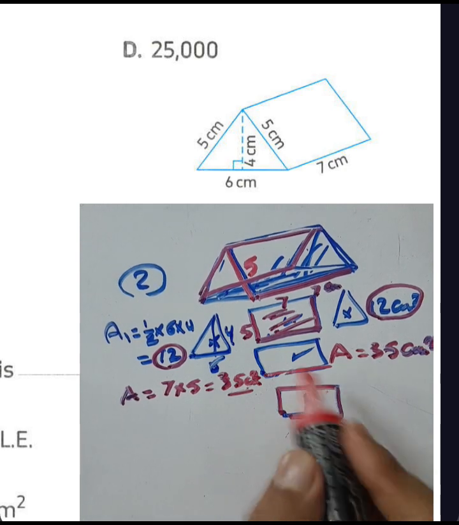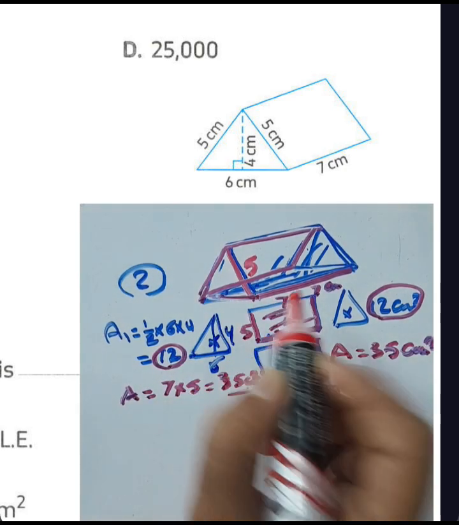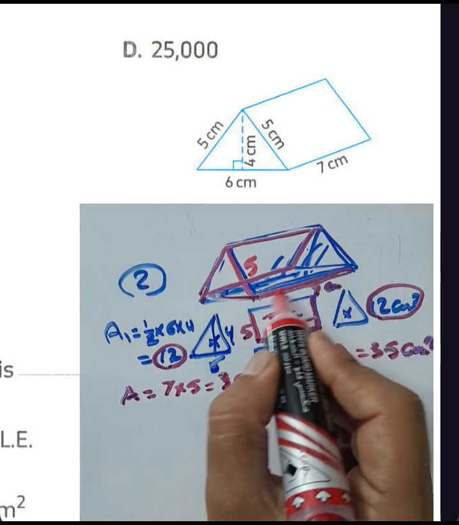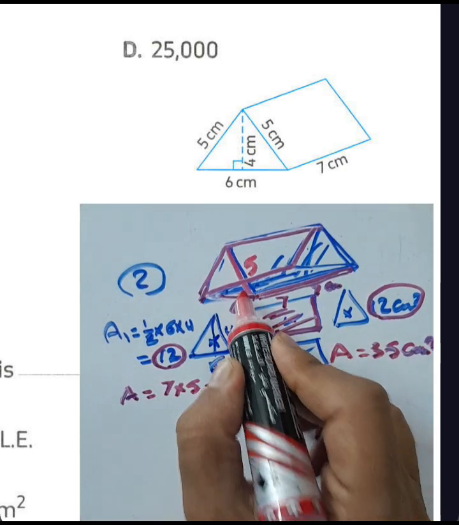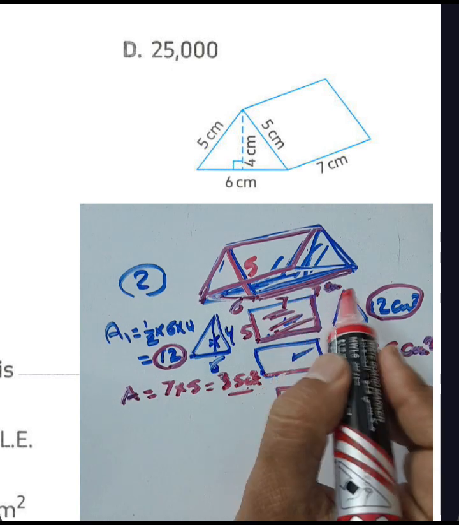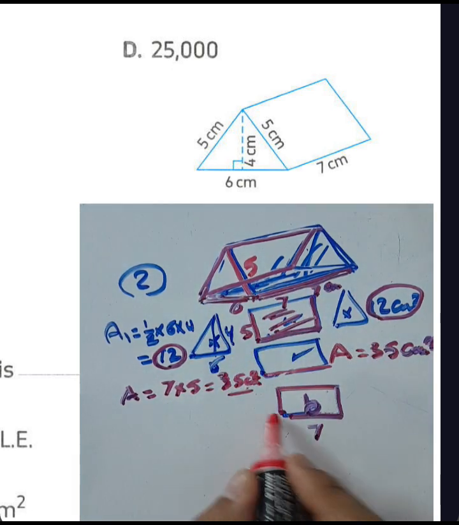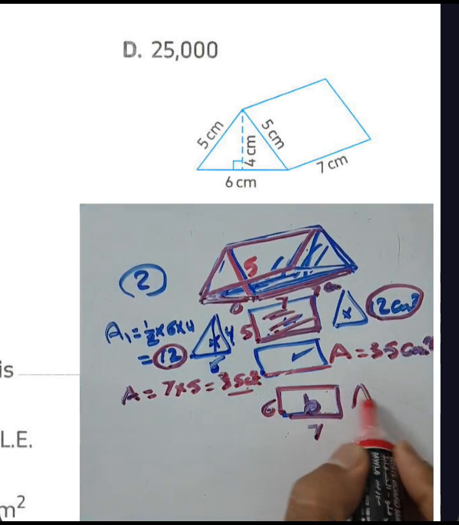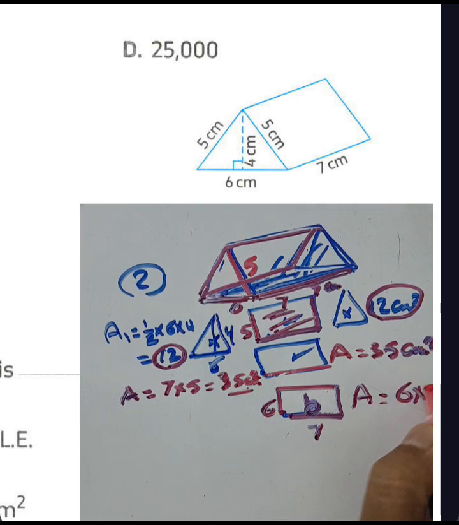And the area of the rectangle in the base: we have two dimensions, 7, the length in the base, and 6. Then the area of the rectangle in the base, 6 multiplied by 7, length times width, will be 42 square centimeter.